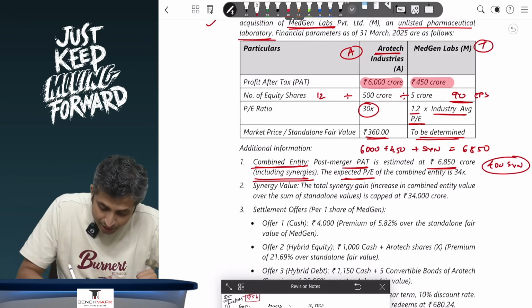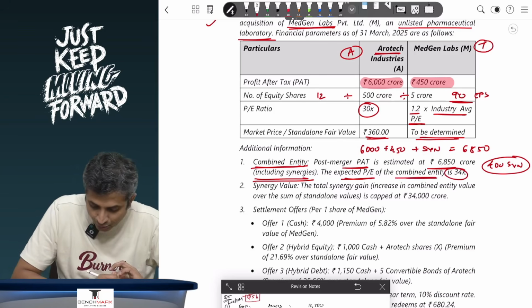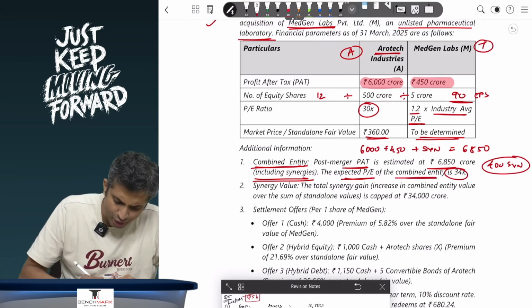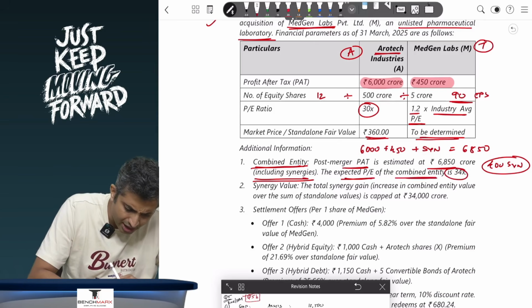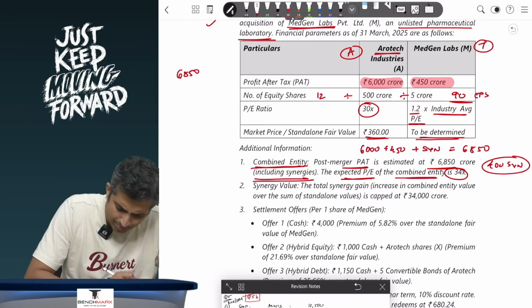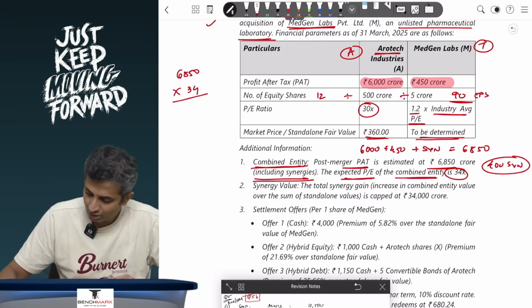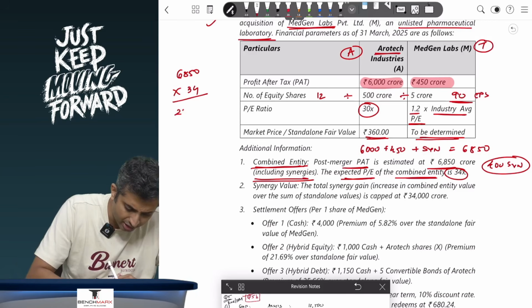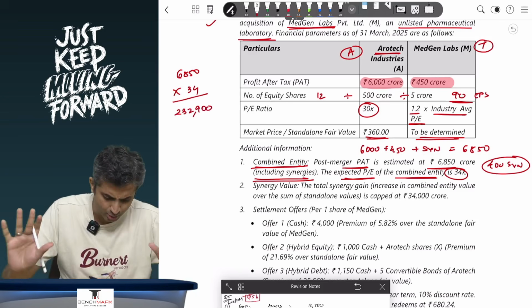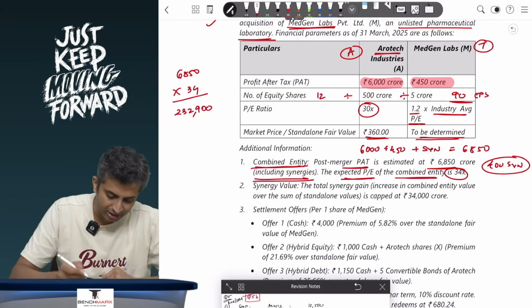The expected PE ratio of the combined entity is 34x. Which means for the combined entity, 6850 will be your PAT into 34 times. So this will give you your combined valuation, 6850 into 34. This comes to around 2,32,900 in case this has to be used. We are just trying to see what all is possible.